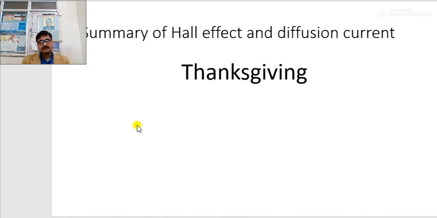That is, the Hall effect gives a complete mathematical explanation of the properties of the semiconductor, like determination or identification of the nature of the semiconductor, concentration of charge carriers in the semiconductor, and magnetic flux density.